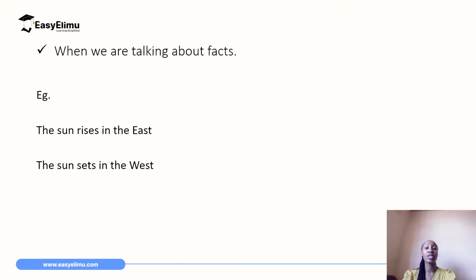So we use the present tense to convey such information. The sun rises in the east. Rises shows us that that sentence is in the simple present tense. The sun sets in the west. Sets is in the simple present tense.